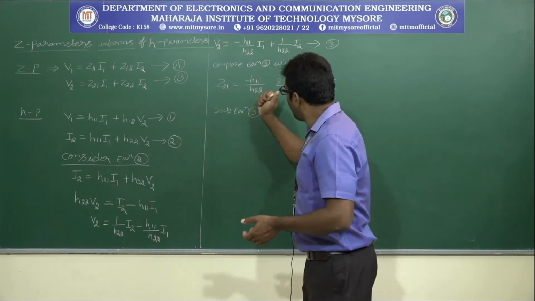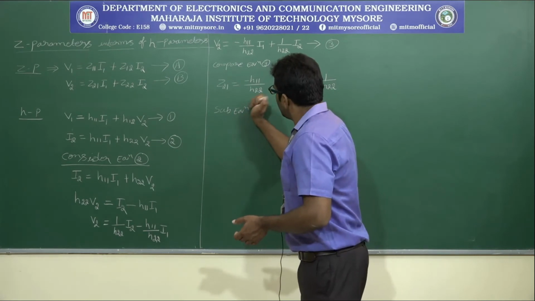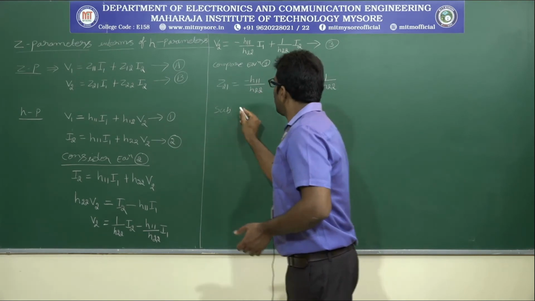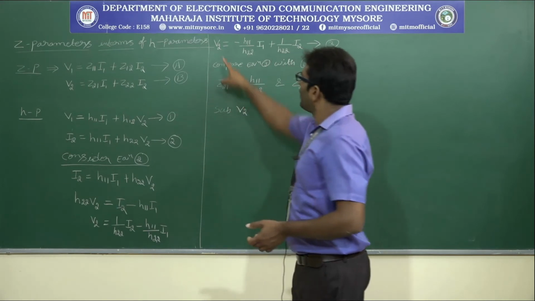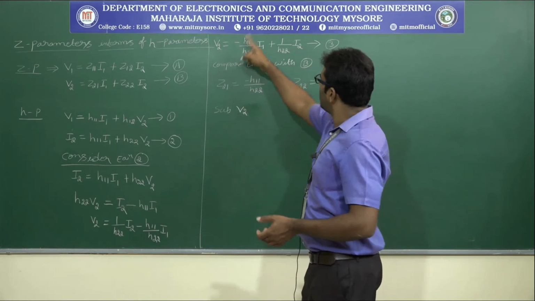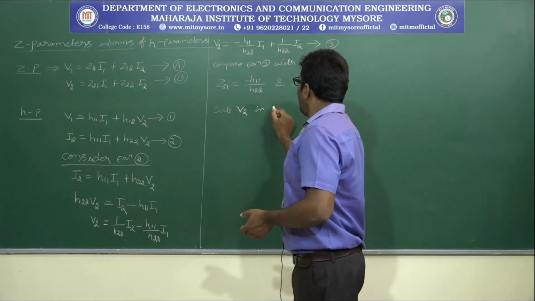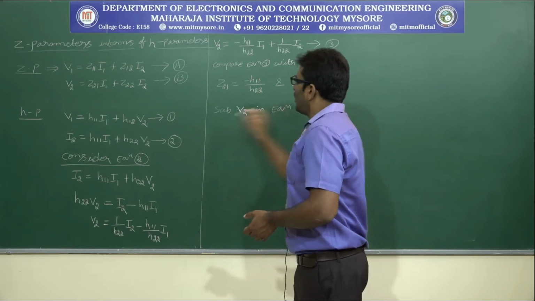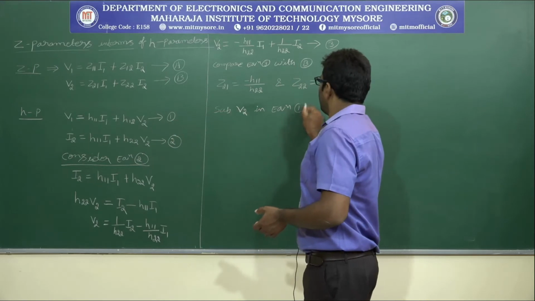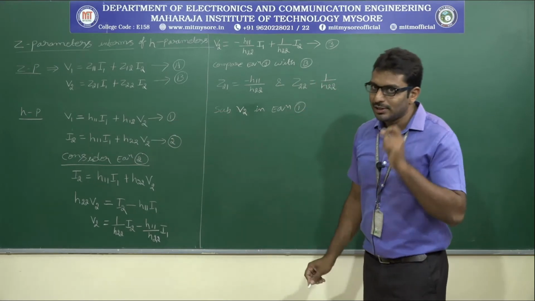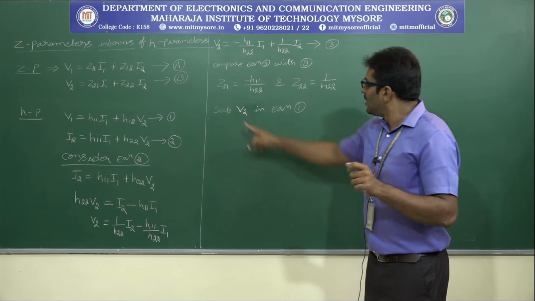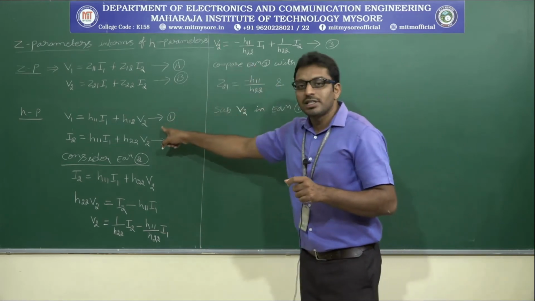So instead of writing like this, say substitute V2, I mean V2 is equal to this expression, right? Substitute V2 in equation 1. Be careful, concentrate, this point is very important. Substitute V2 in equation 1.